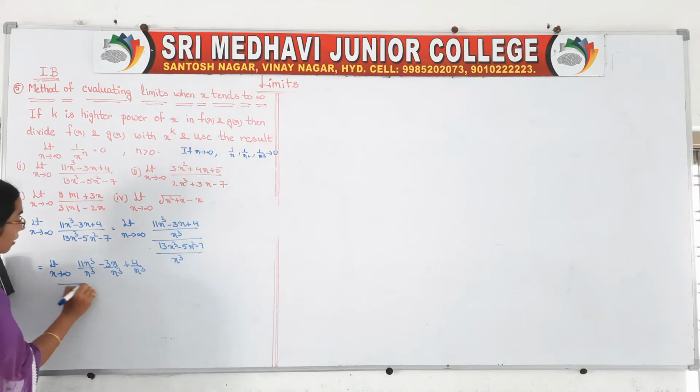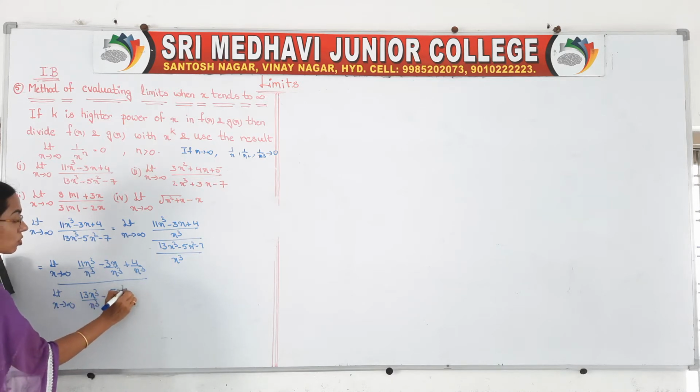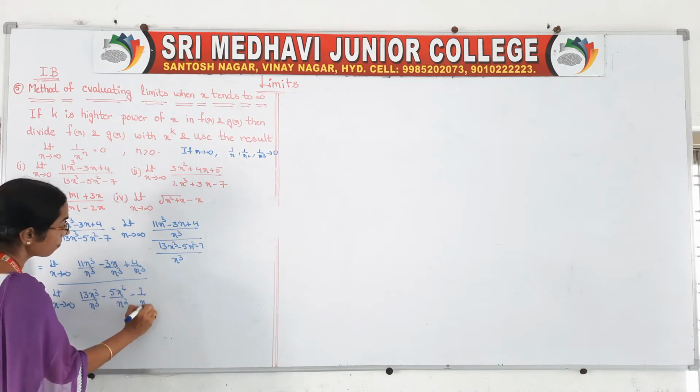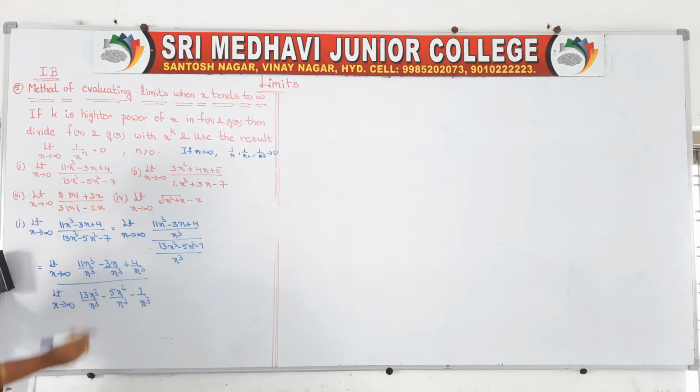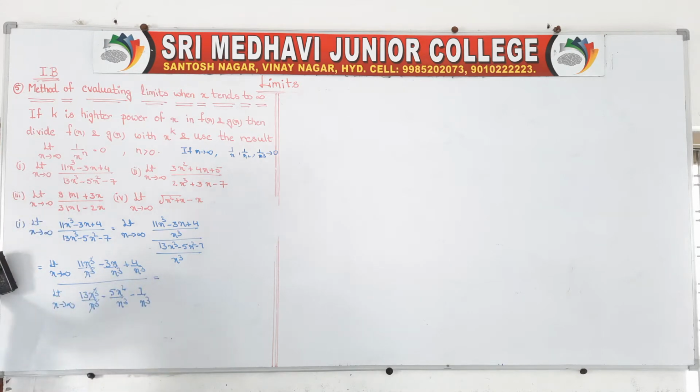Similarly, for the g of x also, limit x tends to infinity of 13x cube by x cube, minus 5x square by x cube, minus 7 by x cube. Okay. So, here x cube, x cube, x cube, x cube cancel. Now, apply the limit for each and every term.